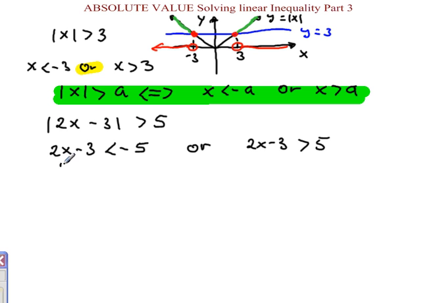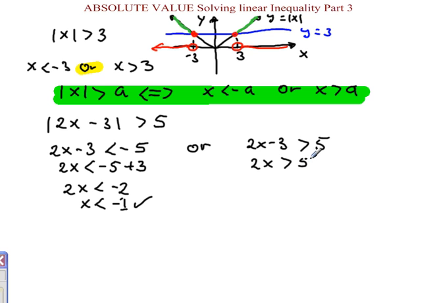So simplify, 2x is less than negative 5 plus 3. So 2x is less than negative 2. So simplify, x is less than negative 1. Bingo. Over here, 2x is greater than 5 plus 3. How do I know this is plus 3?